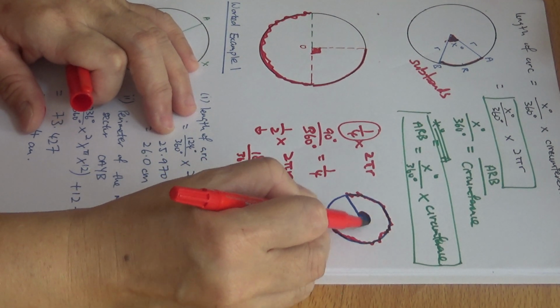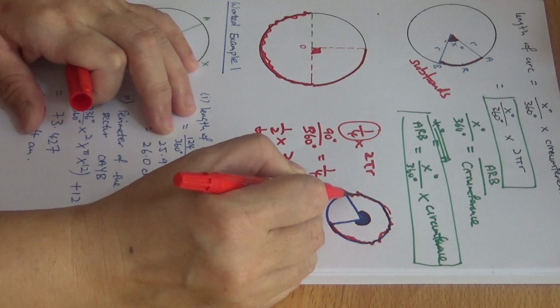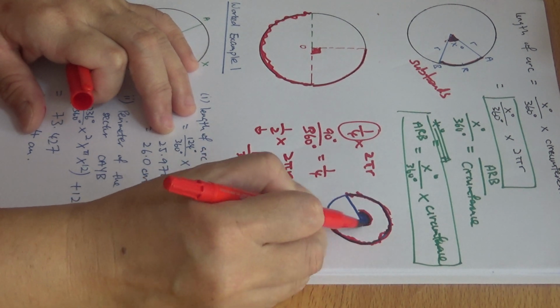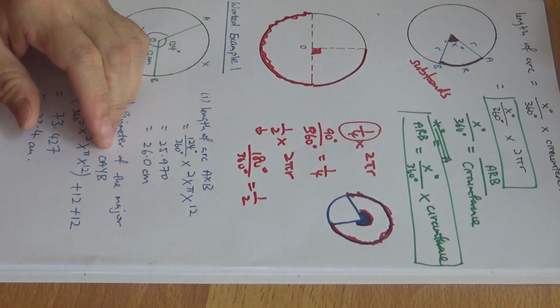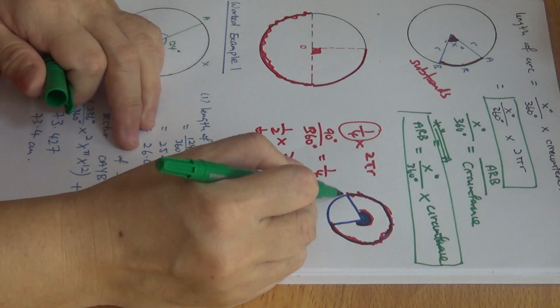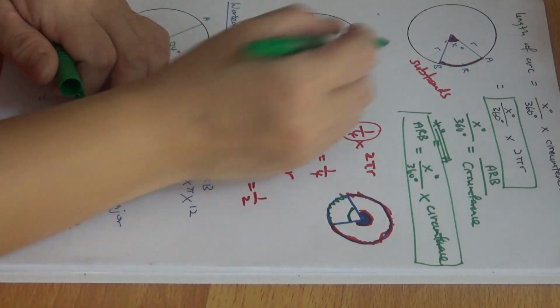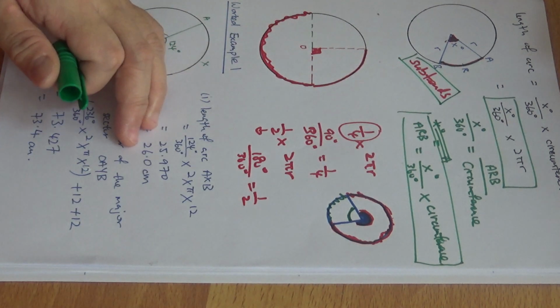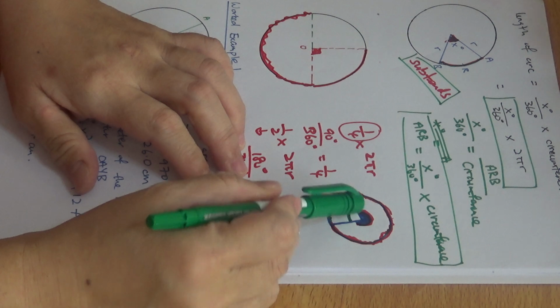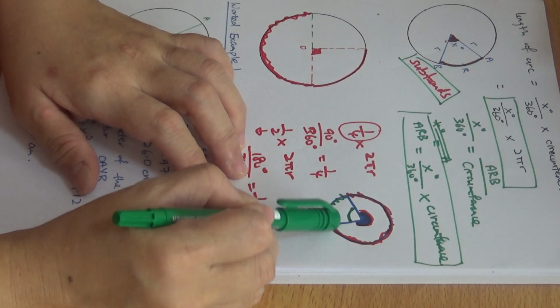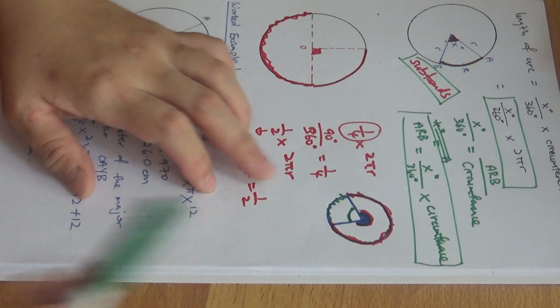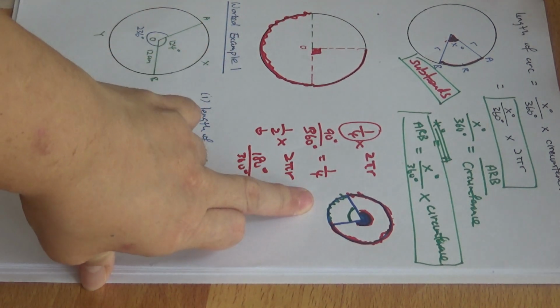So this arc subtends this angle, whereas this arc will subtend this angle. So we must know what we mean by the word subtends. Subtends means the angle at the center that is proportional to the arc that is on the circumference.